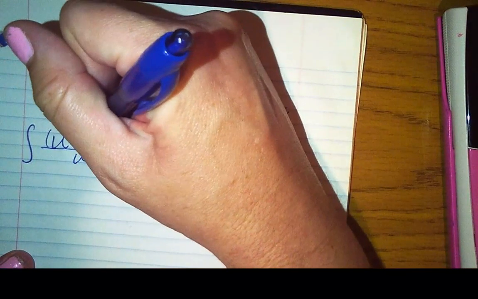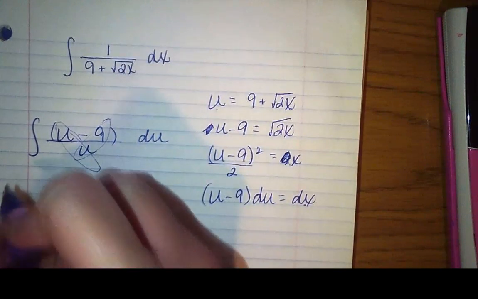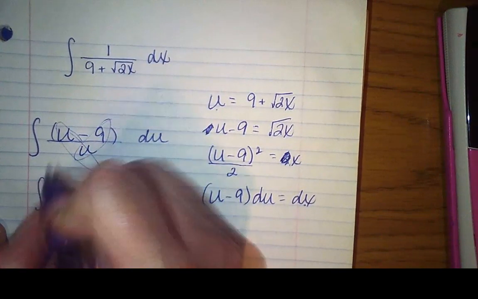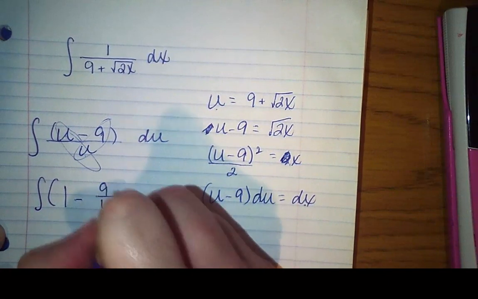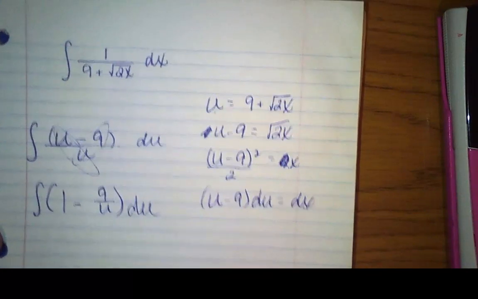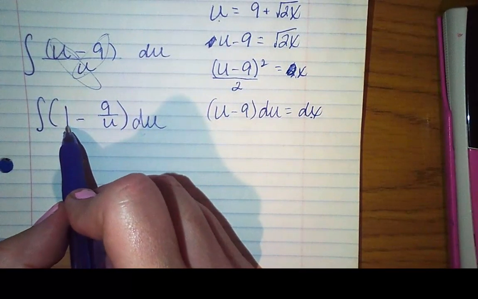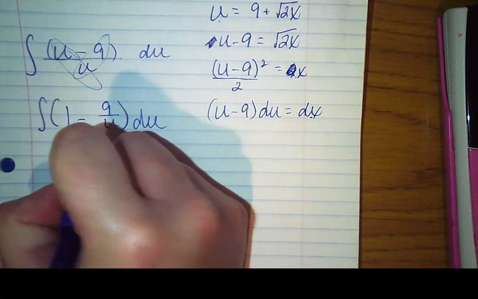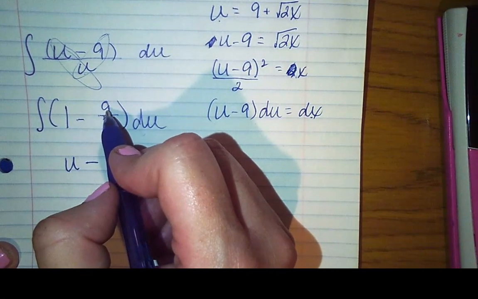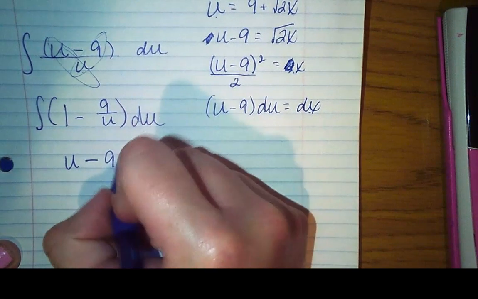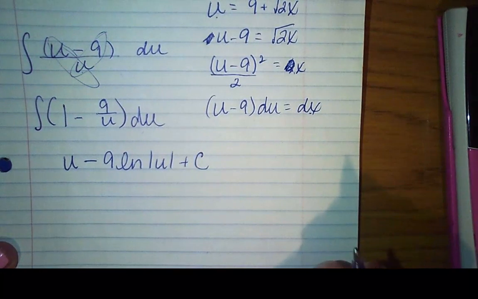So now we're back where I was on the last problem, and I can separate this out this way. This becomes u over u, which is 1, minus 9 over u, du. Remember, you are in u world, not x world. So what's the integral of 1 du? It is u minus 9 times 1 over u, so that becomes 9 times the natural log of u, plus c.